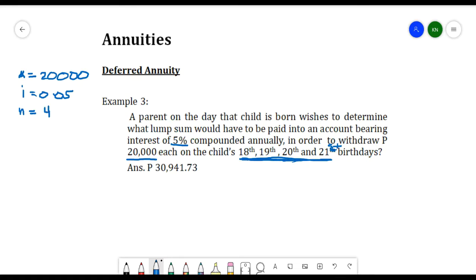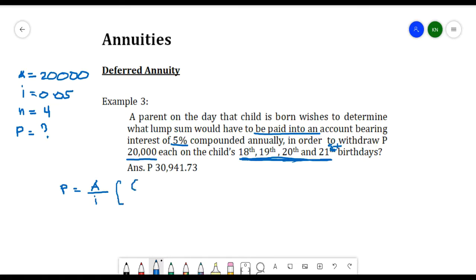So that is N. Now we need to determine the lump sum that we have to pay into an account, meaning to say we need to find the P, or the principal amount that we need to deposit to an account so that we can get 20,000 each year. So we have now the formula P is equivalent to A over I. This is the formula of a deferred annuity.